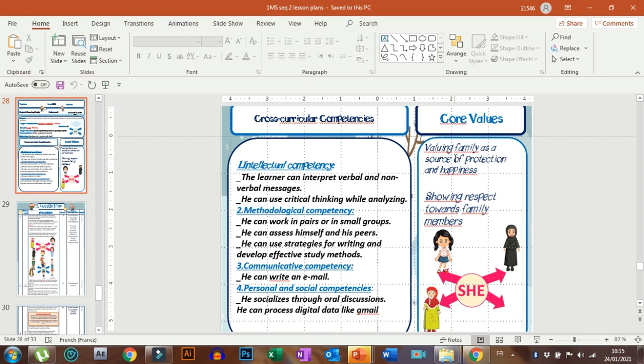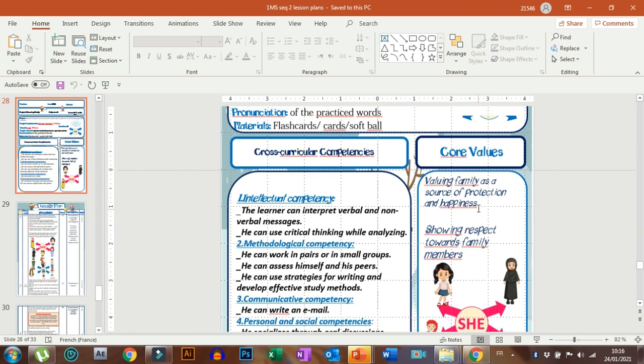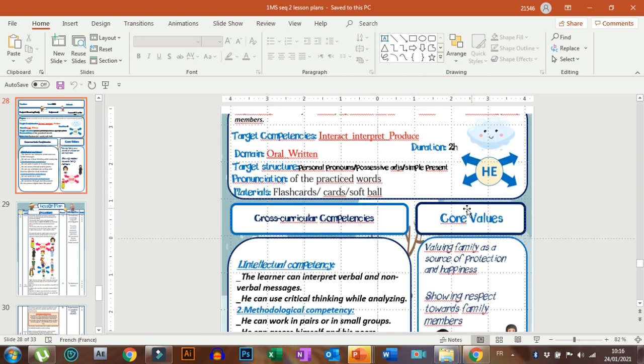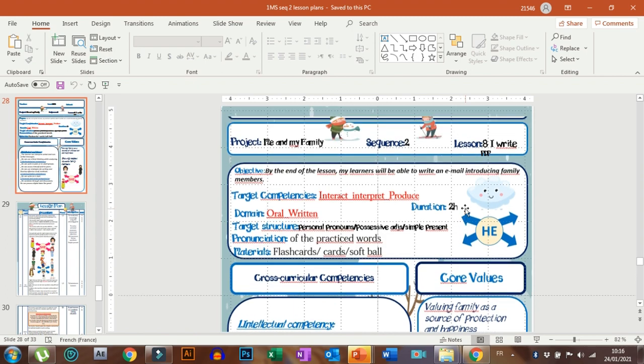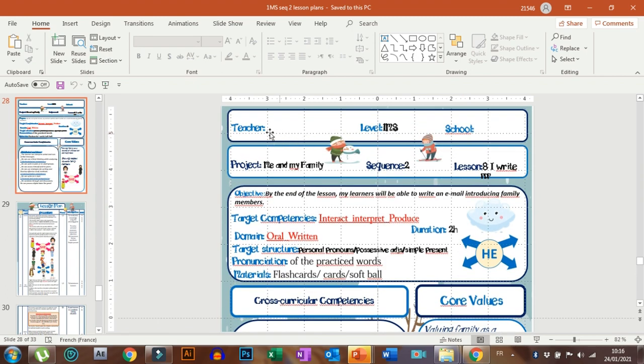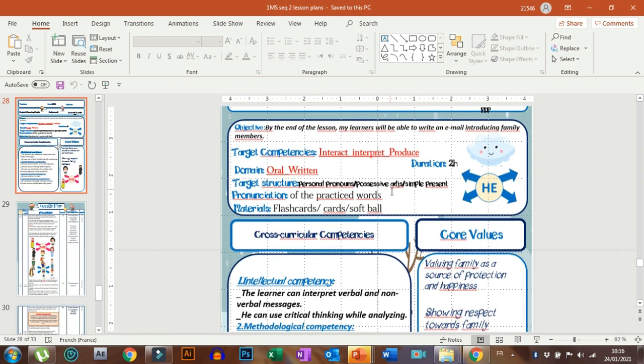While you're dealing with a lesson, you need to insert certain words, including the importance of family in their lives, showing respect towards family members, and you can even give them a piece of advice: you need to help your parents, you need to obey your parents. This is generally the first page of the lesson plan. As you can see, you're going to write your name and the school. So this is concerning the first page.